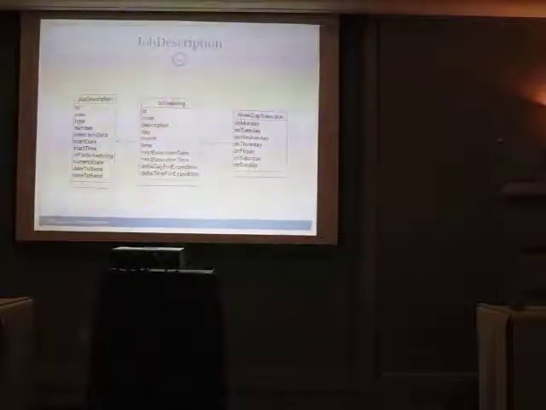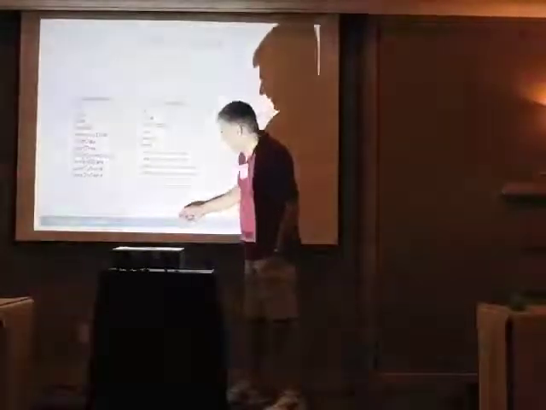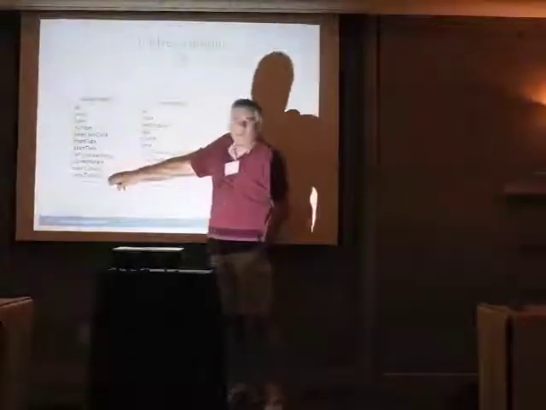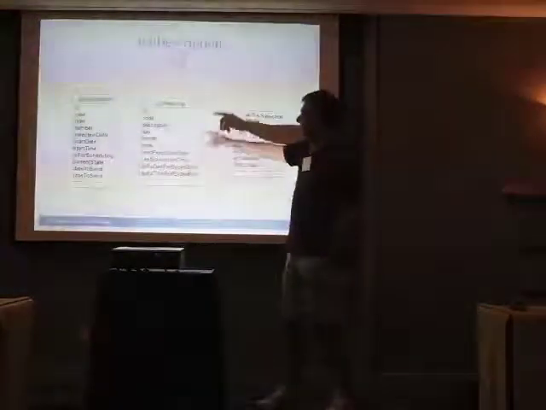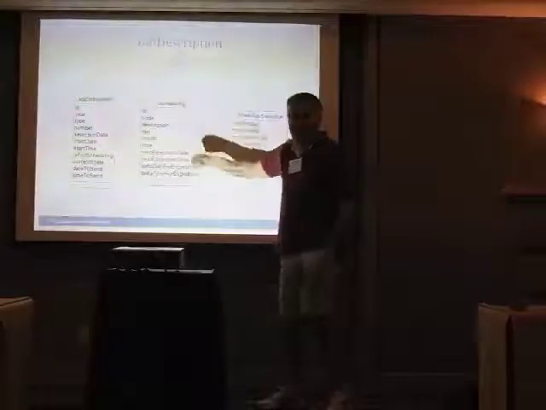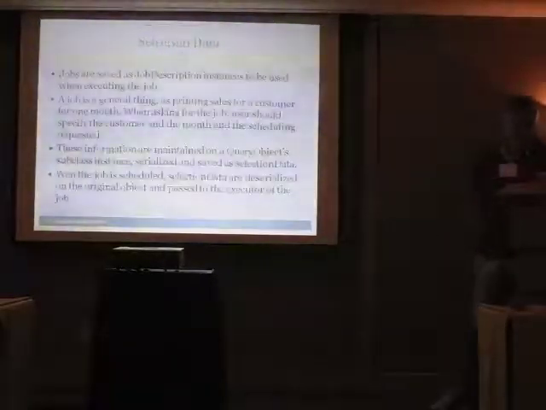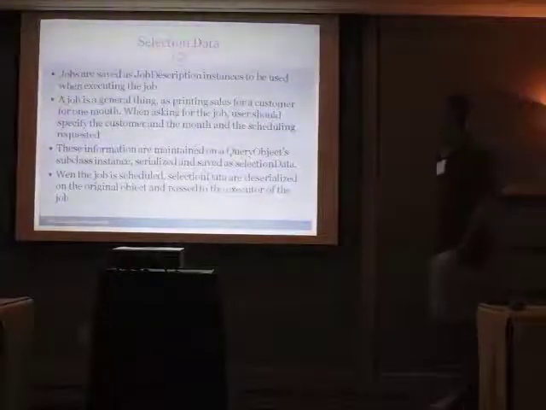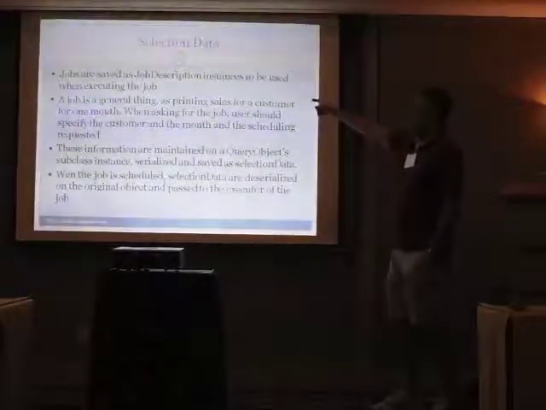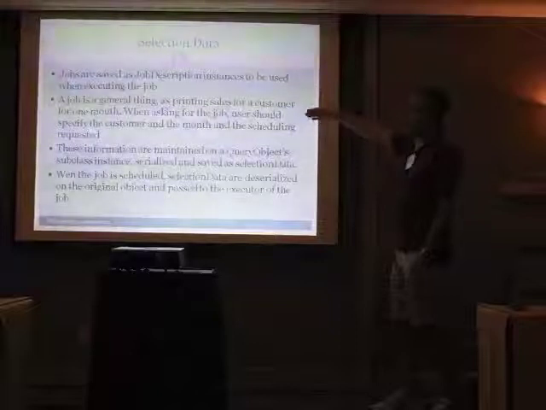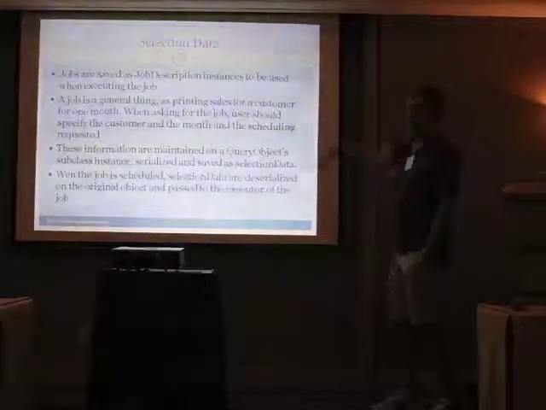Like you see, the job and the scheduling keep a lot of information. For example, the date and the time to send the result of the reporting. Jobs are saved as job descriptions in a database.